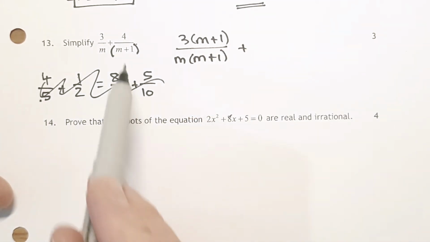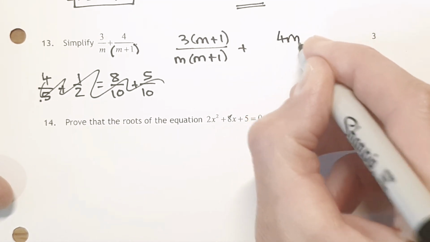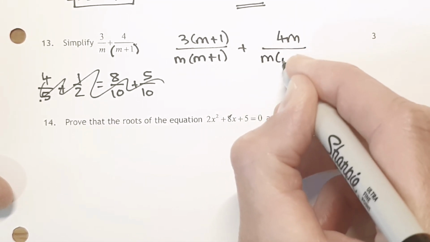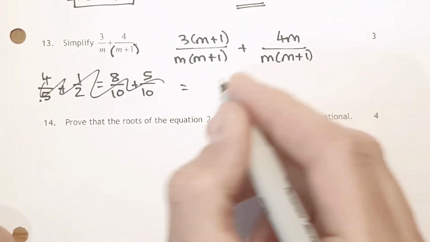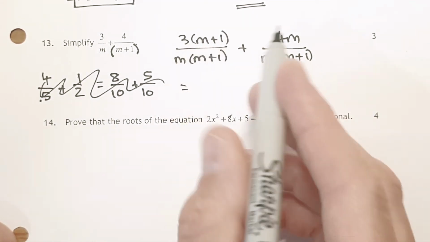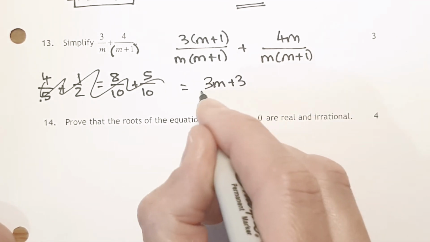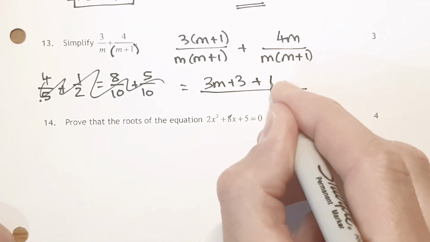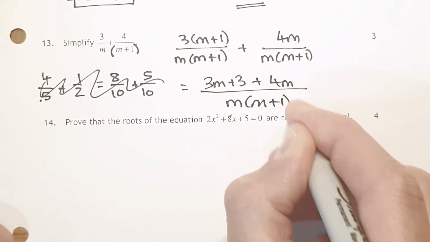Now the second fraction, we're going to multiply this by that denominator. So it'll be 4m over m plus 1. Now combining the numerators, we could actually tidy it up first. Say that's 3m plus 3 plus the 4m over m plus 1.